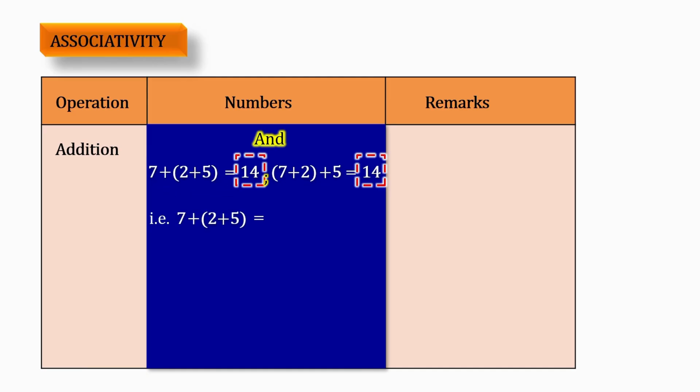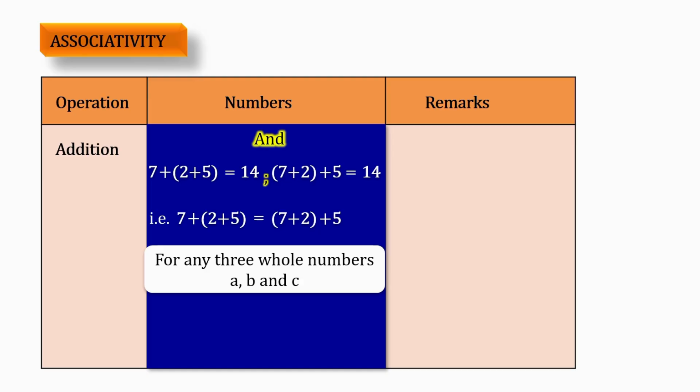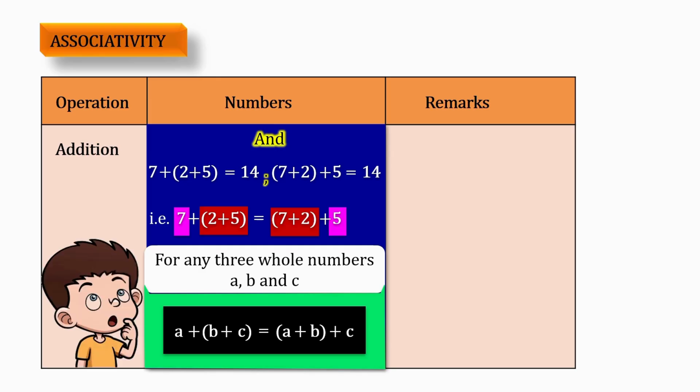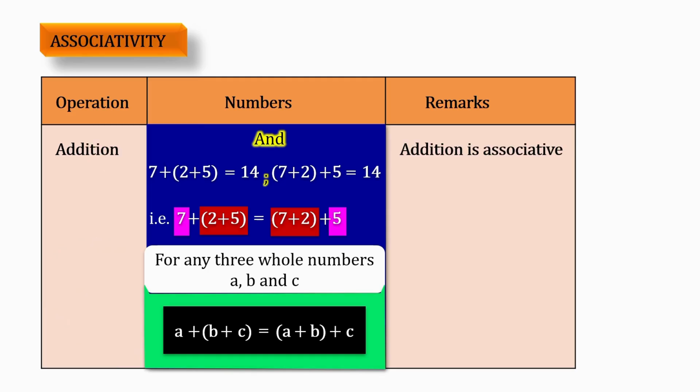So that is 7 plus (2 plus 5) equal to (7 plus 2) plus 5. So for any three whole numbers a, b and c, a plus (b plus c) is equal to (a plus b) plus c. What do you observe? That addition is associative.